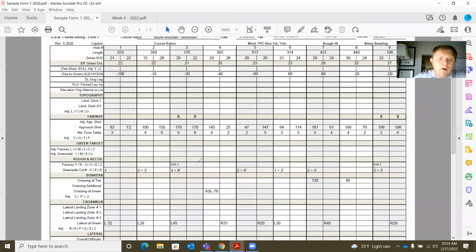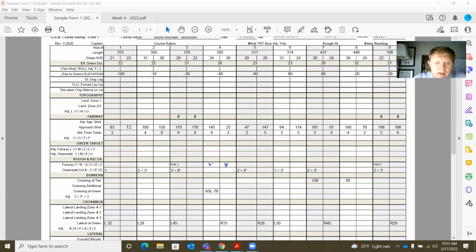Typically on our Form 1, when we're looking at fairway bunkers, we use a yes or a no adjustment. So if we're on this hole here, the 4th hole, where there are no greenside bunkers, we might have a fairway bunker that's in the landing zone for this golfer here. So we would write a yes to identify that there is a fairway bunker.